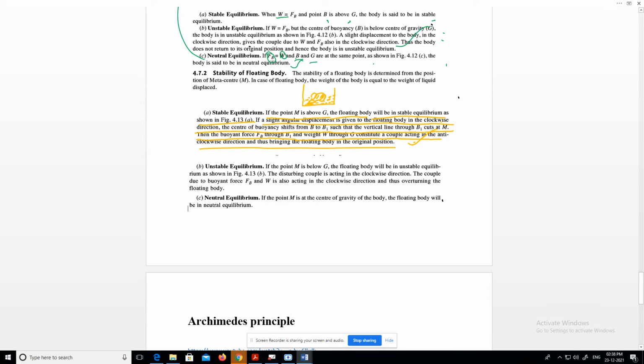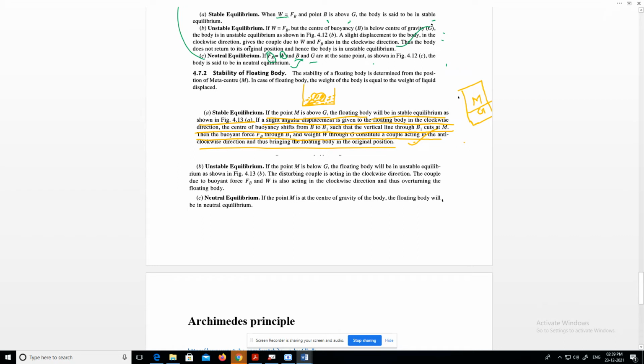Unstable equilibrium. This is a body. The metacenter is here and the center of gravity is here. This is a stable equilibrium.